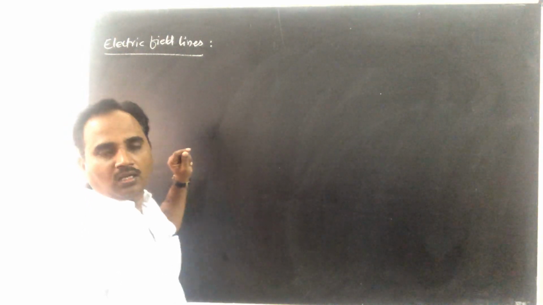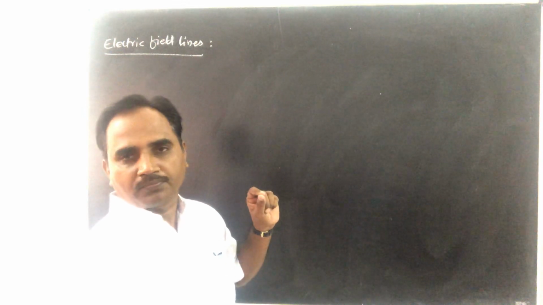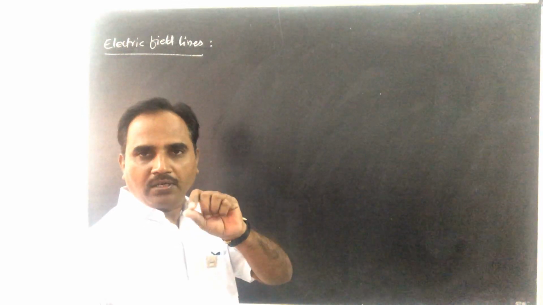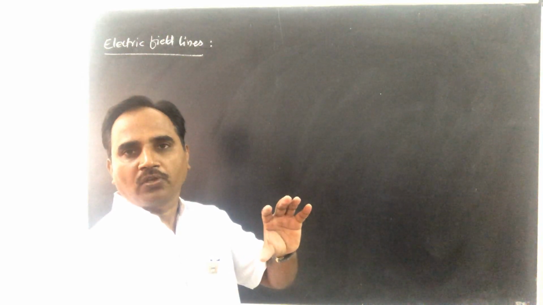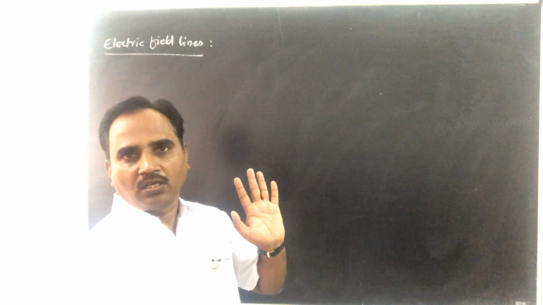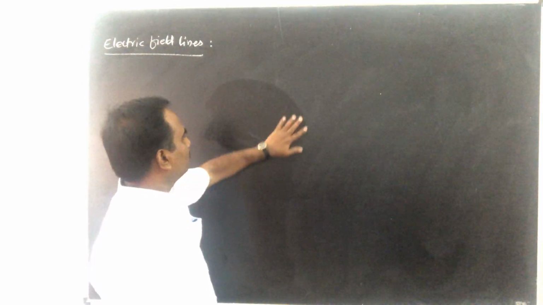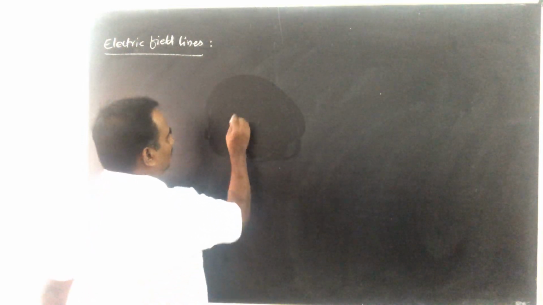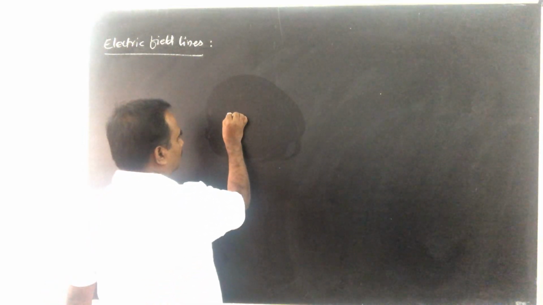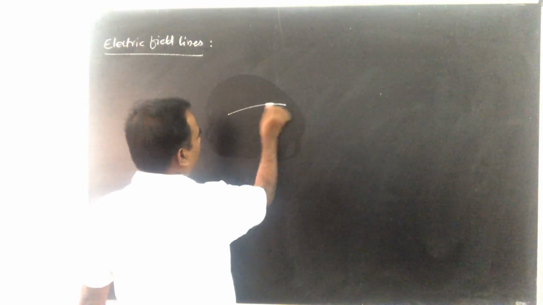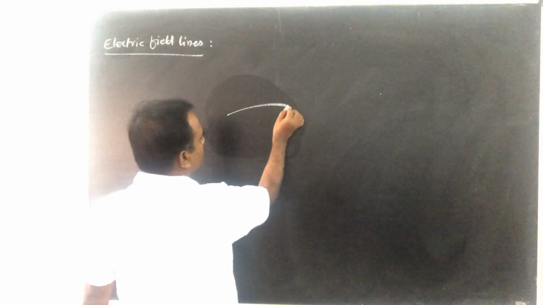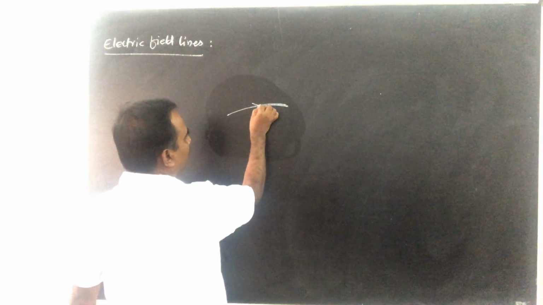Basically, electric field line means it is a path along which a unit positive charge tends to move in an electric field. Say for example, there is some electric field here. If I keep a unit positive charge, if it accelerates or moves like this, then this path along which this unit positive charge is moving is called an electric field line.